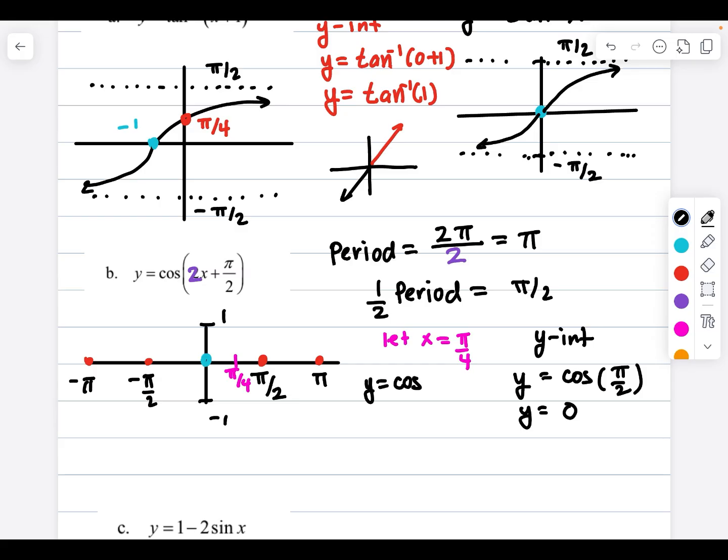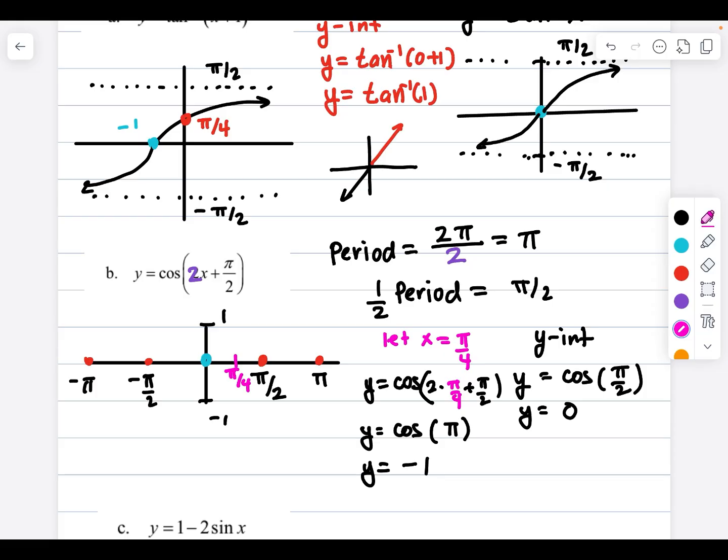We get y equals cosine of 2 times pi over 4 plus pi over 2. This will become cosine of pi over 2 plus pi over 2, which becomes pi. And if we evaluate that, that's negative 1.